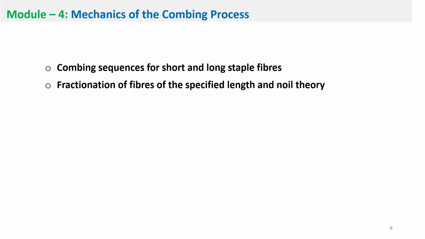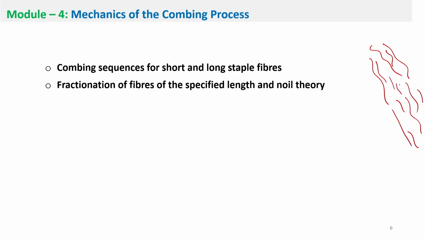Then fractionation of fiber of a specific length and Noil theory. If we want to remove fibers of a particular length, that is possible in a comber. Suppose in a sliver we have different fiber lengths.